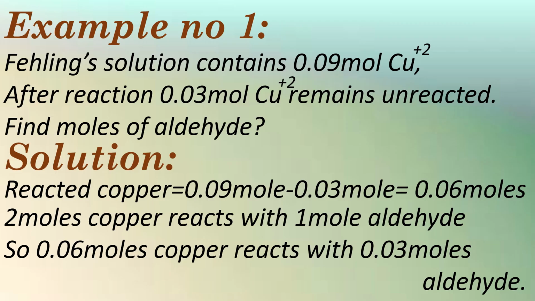We will apply mole ratio. 2 moles copper reacts with 1 mole aldehyde. This mole ratio I have told you earlier that 2 moles copper reacts with 1 mole aldehyde. So 0.06 moles copper react with, we will multiply 0.06 by 1 and divide by 2. We get 0.03 moles aldehyde. So we have calculated moles of aldehyde.